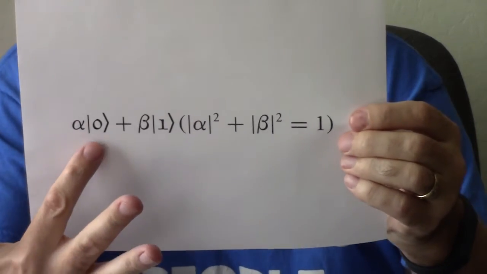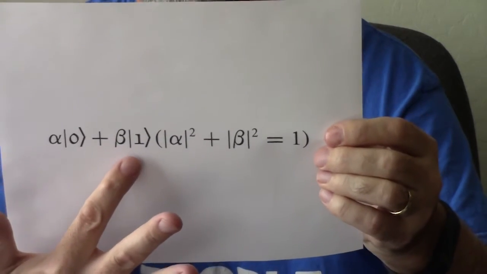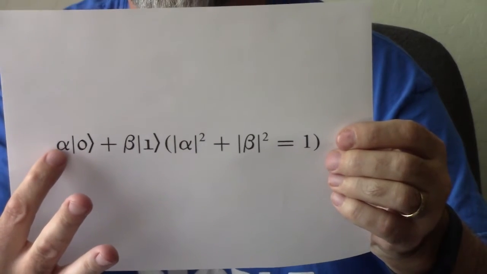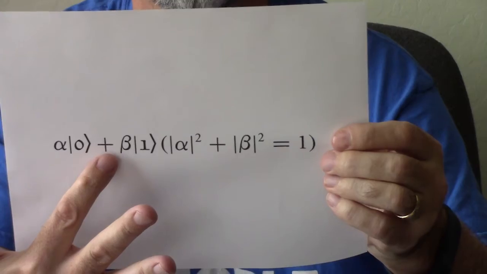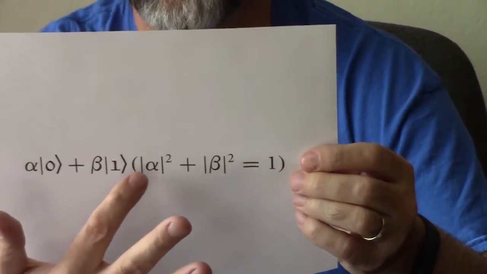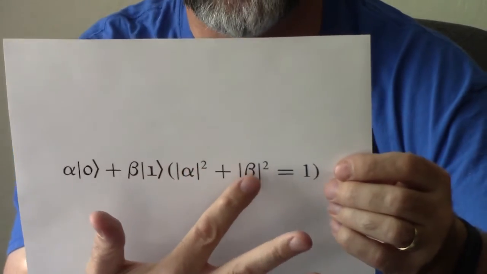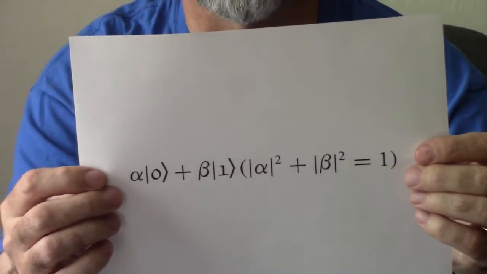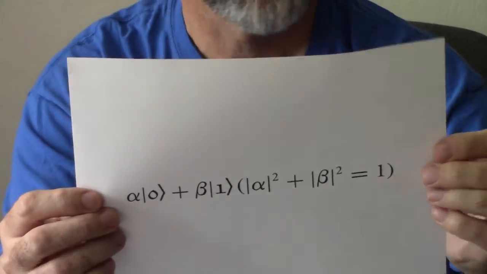You can see the 0 and the 1 qubit sort of sitting there, but then you see these coefficients, these Greek characters alpha and beta. And then you see the parenthetical expression. These little vertical bars indicate absolute value, and then they're squaring it and it equals 1. What does all of that actually mean? That's a challenge.